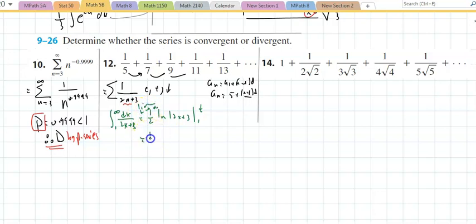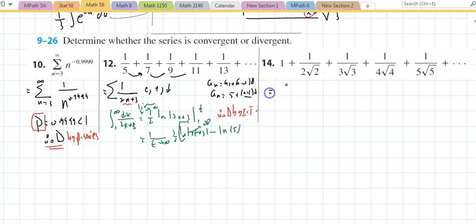That would be the limit as t approaches infinity of 1/2 natural log of 2t plus 3 minus natural log of 5. That will approach infinity, and therefore it'll diverge by the integral test. Alright, and that's really how we play with those.